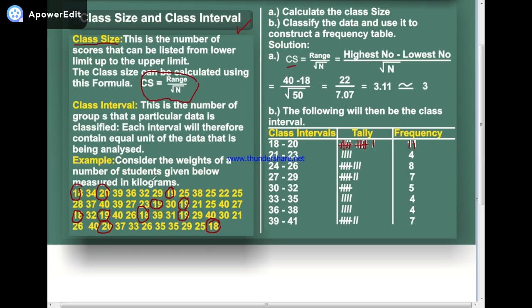21 to 23. What are the numbers that fall within the range? 21 to 23. Okay, let's start. None of it here.